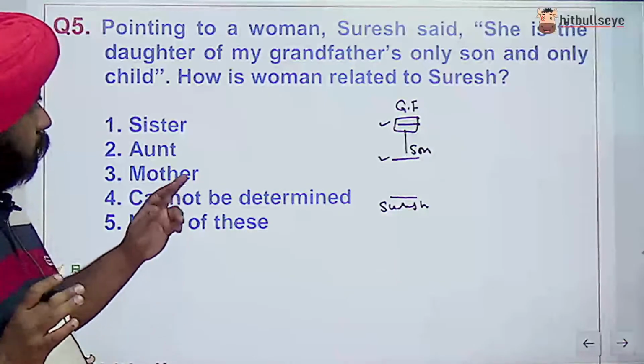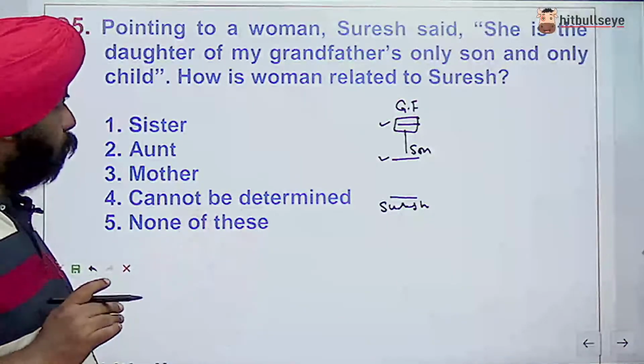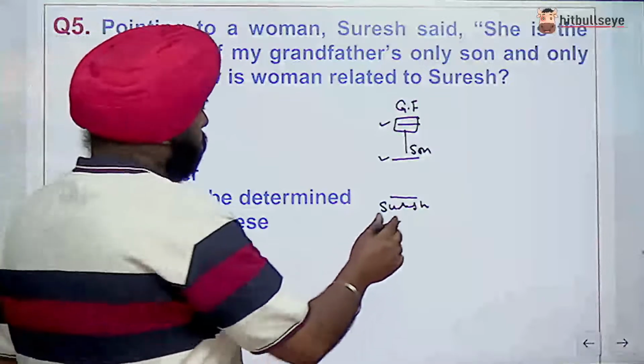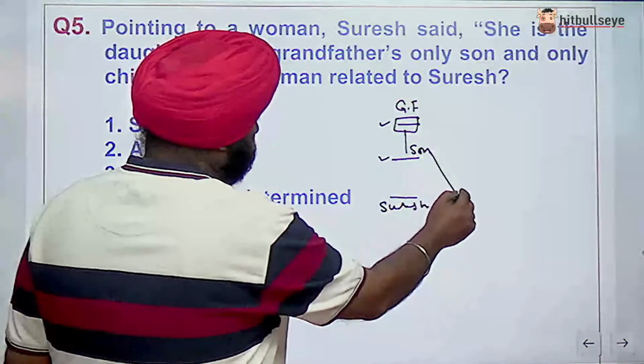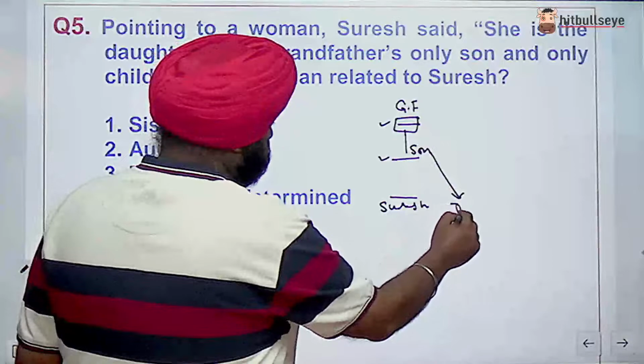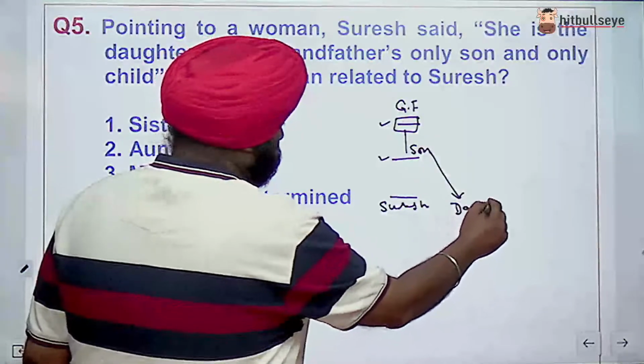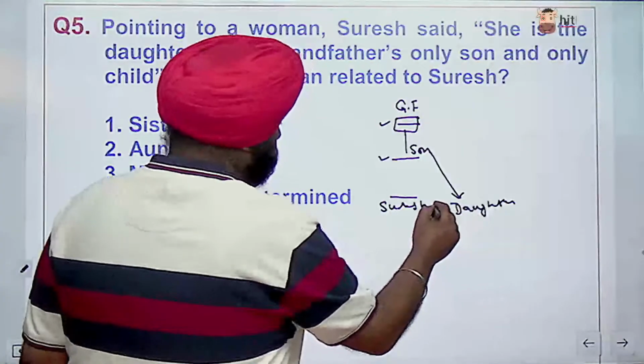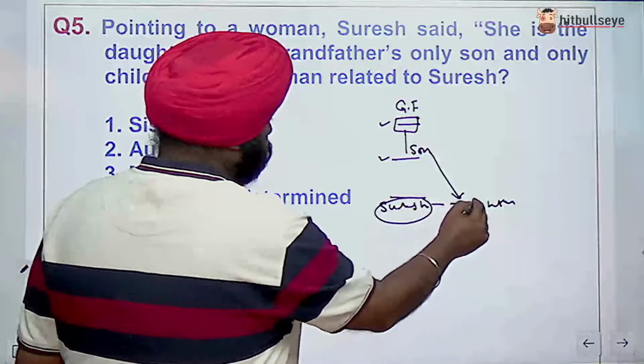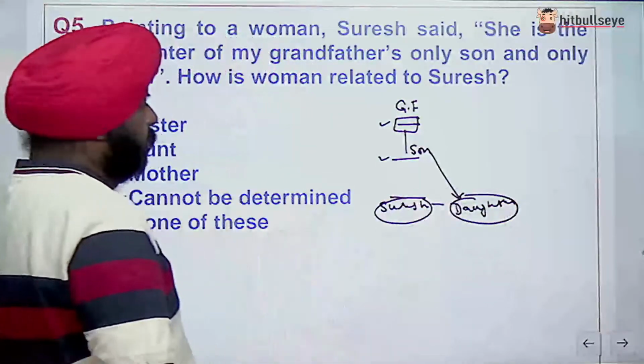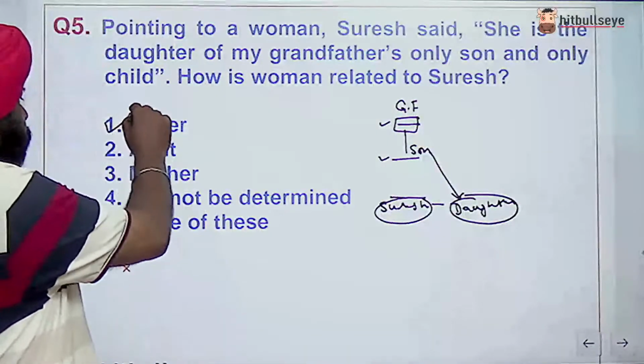It means Suresh's father is the only son of his grandfather, and that woman is the daughter of Suresh's father. So that means Suresh and that woman are siblings, and that woman is sister of Suresh.